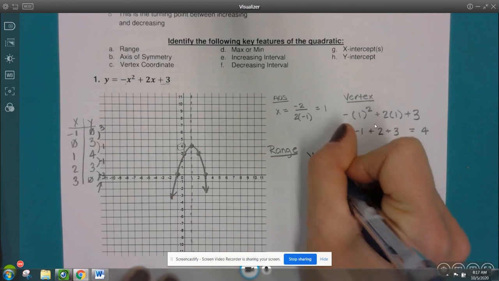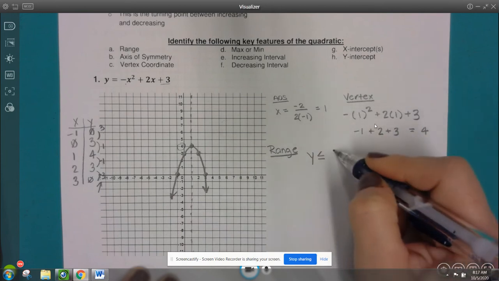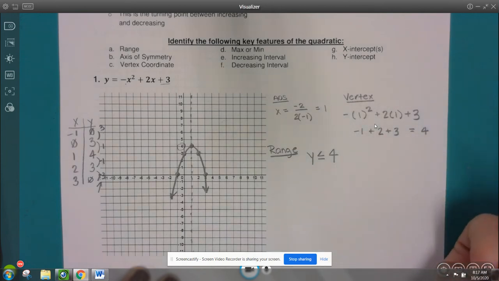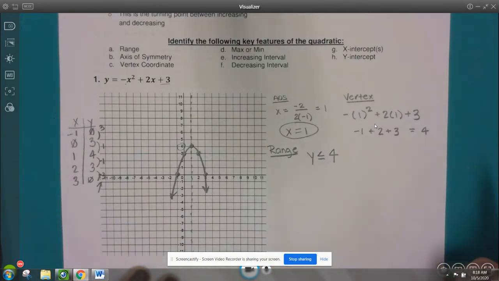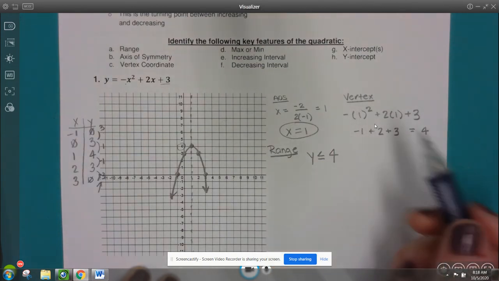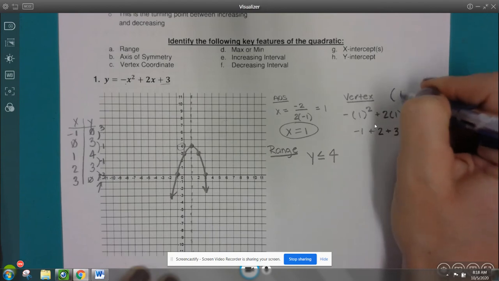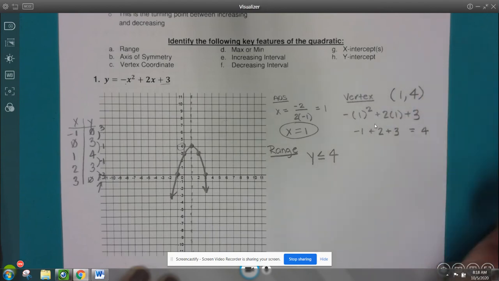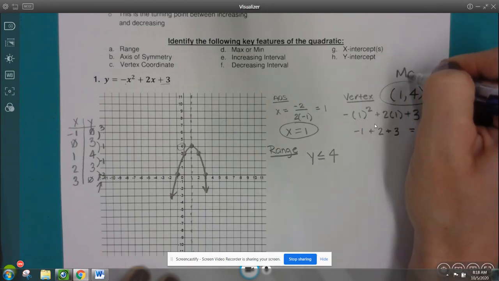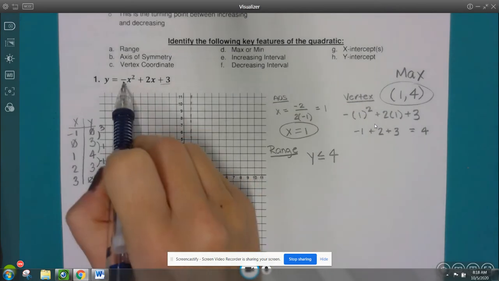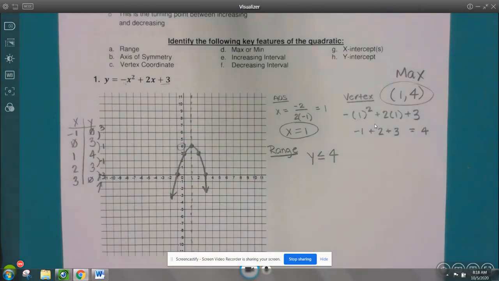So it's all of the y values that are smaller than or equal to 4. I already have my axis of symmetry. We found that. Our vertex coordinate is 1, 4. We already found that. This point is a maximum because of this negative coefficient.